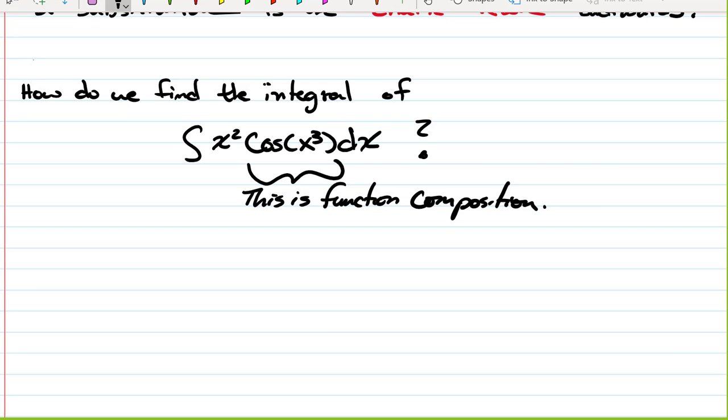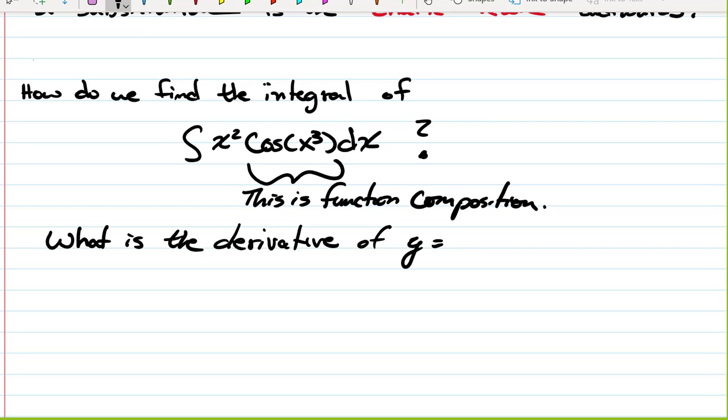So let's start with the derivative and see if we can work our way backwards. What is the derivative of y equals sine x cubed? Let's identify this as a composition.